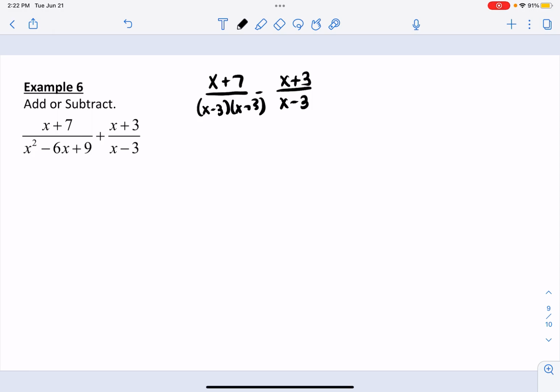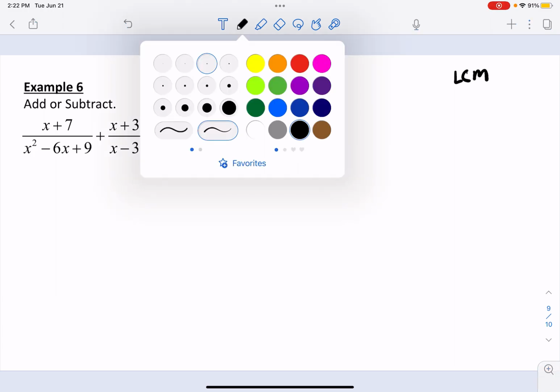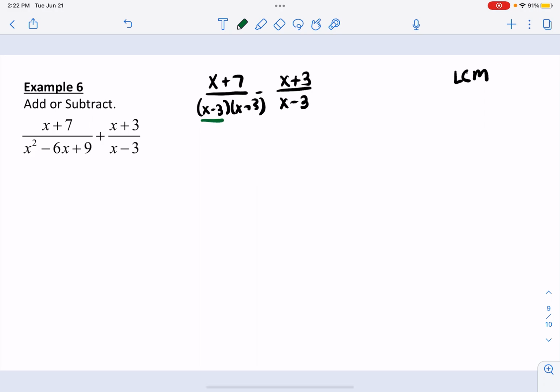Okay, so let's look at this. What is my LCM? Well, my least common multiple, I need to get my denominator so that every single factor appears in there. Meaning, this has an x minus 3, this has an x minus 3. So I don't need to worry about that.